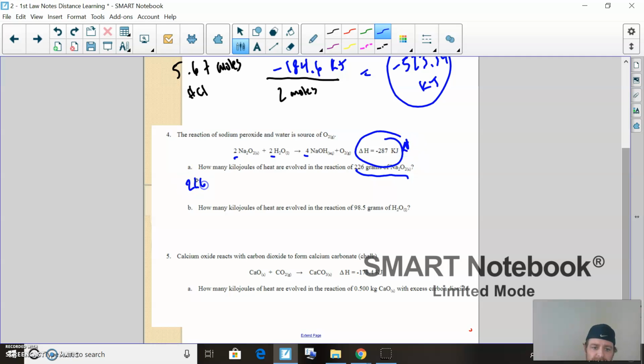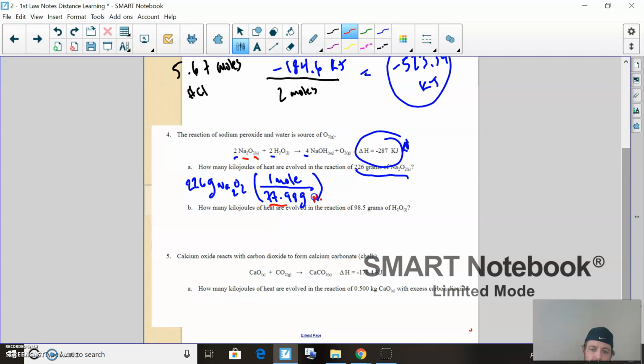So 226 grams of Na2O2. I have to get out of grams and into moles if you're given grams, so grams for every 1 mole. All I did was add up the mass of 2 sodiums and 2 oxygens.